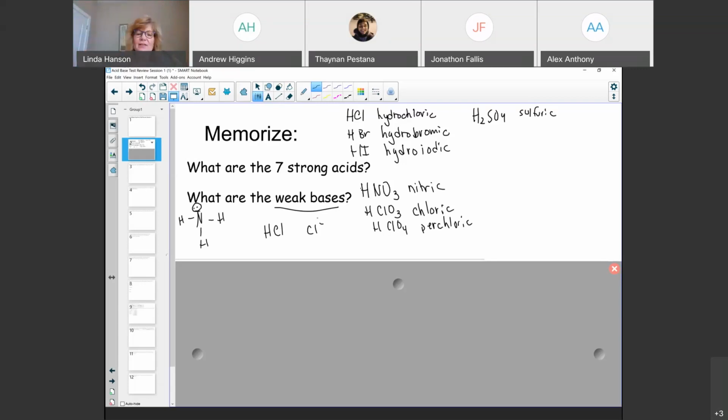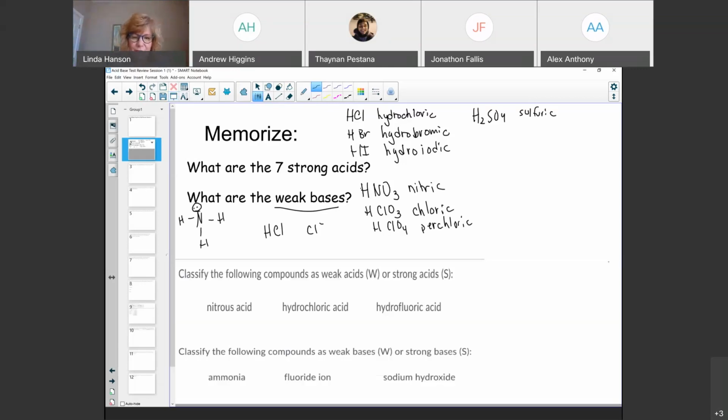So I say all of that to share these 2 types of questions from our quiz. One quiz question asks, which of the following compounds are weak and which are strong? And then I had a second question as a follow-up style of question, where it's asking which of the following bases are weak and which are strong.